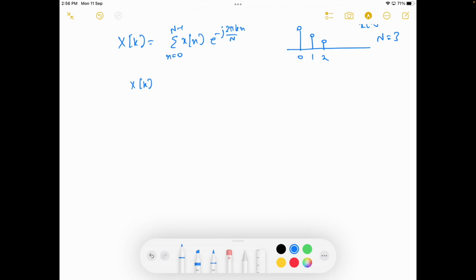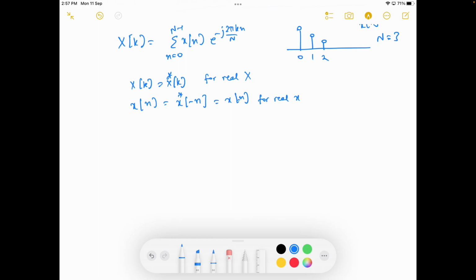So basically you will derive it like this. Xk is equal to Xk star. This means, because if my small x is also real, then this is equal to x of minus n.